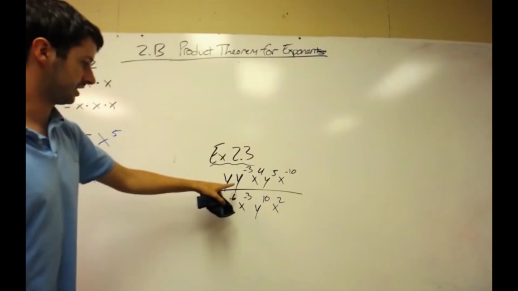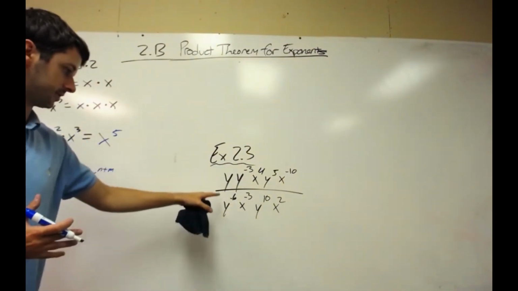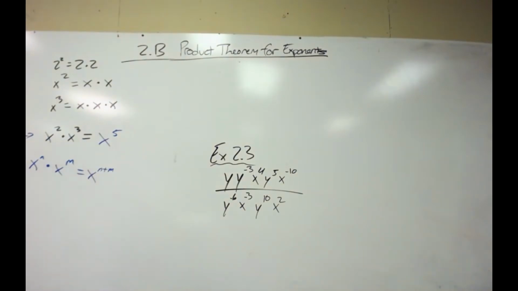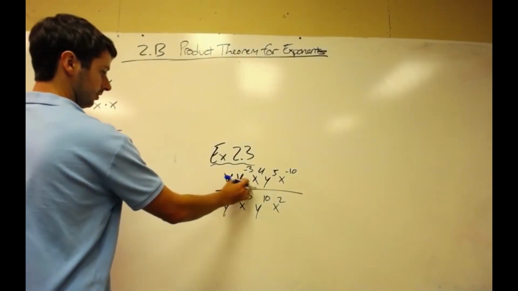Same thing. The only difference is you have some on top in the numerator, some on the bottom. I would just simplify the numerator first, and then I'd simplify the denominator. So we have y negative cubed, and y to the fifth.